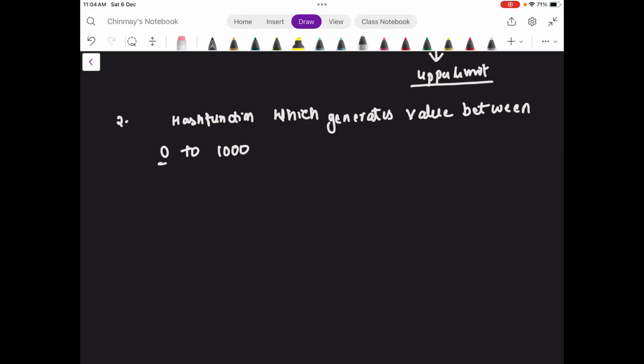That means 0 will be considered the lower limit and 1000 will be considered the upper limit for the hash function.